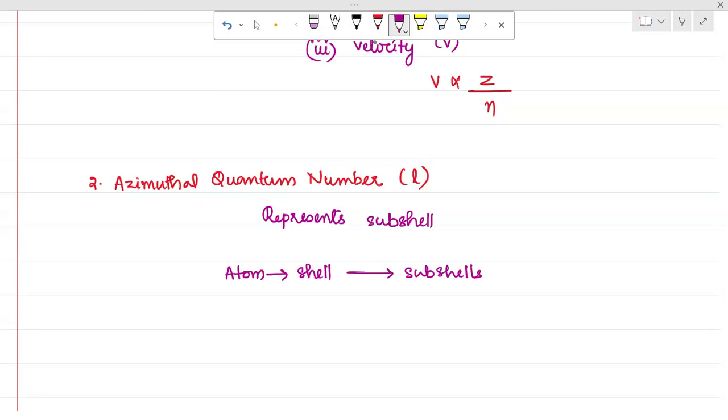So this is how you represent the second part of the address. You have to give a value for your azimuthal quantum number, and it can start from 0 up to a value which is 1 unit less than your principal quantum number.